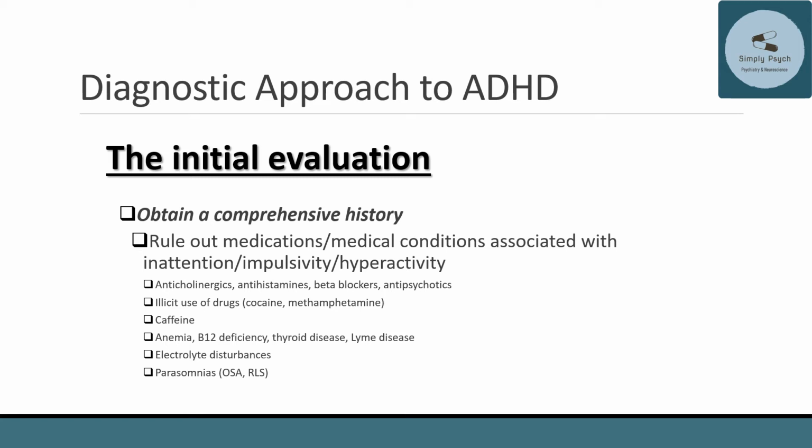This can't be highlighted enough, but obstructive sleep apnea or sleep apnea of any kind, really any sort of insomnia that's preventing somebody from being able to sleep, is going to make them irritable and not able to focus the next day. Everybody knows this. When you don't sleep, the next day you're just not as cognitively there as if you had gotten sleep.